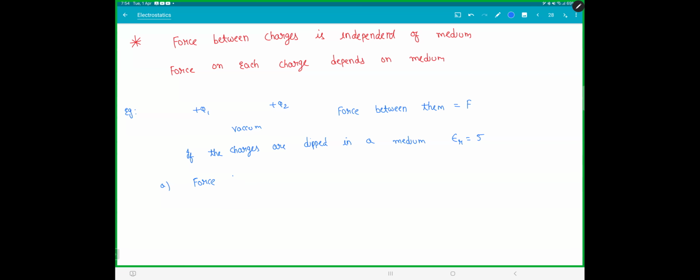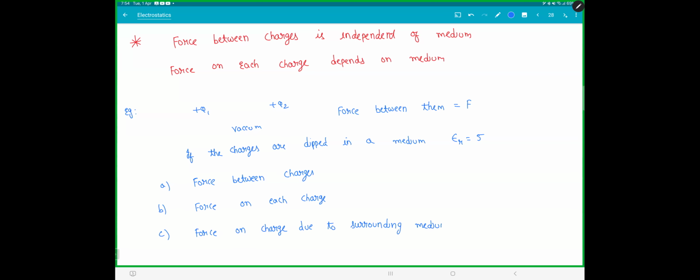What is the force between the charges after putting them in the medium? Force on each charge, force on charge due to the surrounding medium. This entire surrounding medium which you have, how much force is that exerting on this?